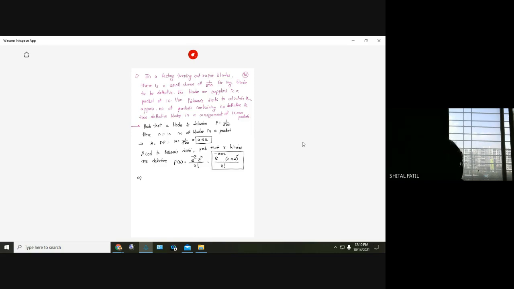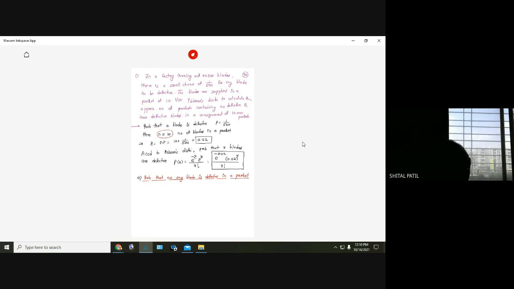No defective blade is required. Probability that no blade is defective in a packet. Packet is one of the units here. So it is the probability that none of the blades is defective in a packet. How many blades are there in a packet? That we have already mentioned here, 10.